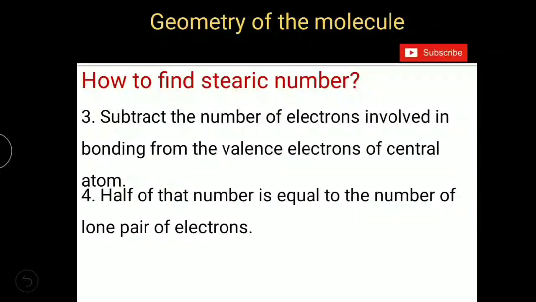Half of that number is equal to the number of lone pairs of electrons. So lone pairs of electrons is equal to half of valence electrons in the central atom minus electrons participated in bond formation. And steric number is equal to number of sigma bonds plus number of lone pairs of electrons present in the central atom.